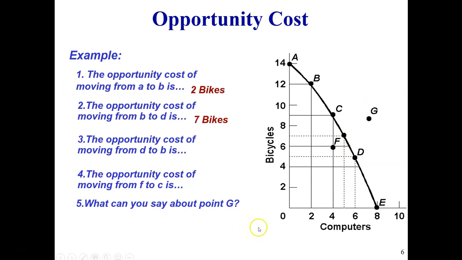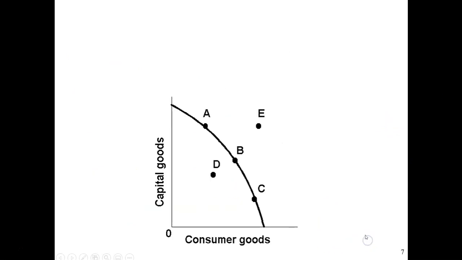Number 1 would be 2 bikes, number 2, 7, number 3, you're giving up 4 computers, number 4, you're giving up 0 computers, and number 5, point G is unattainable given the resources that are available.